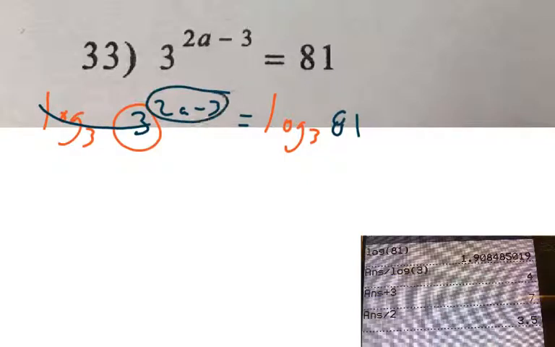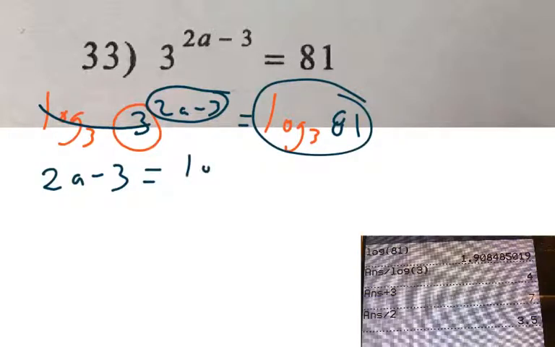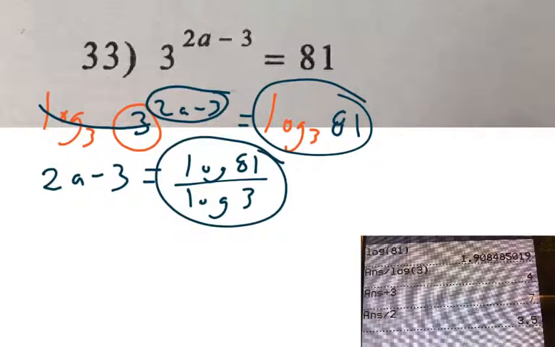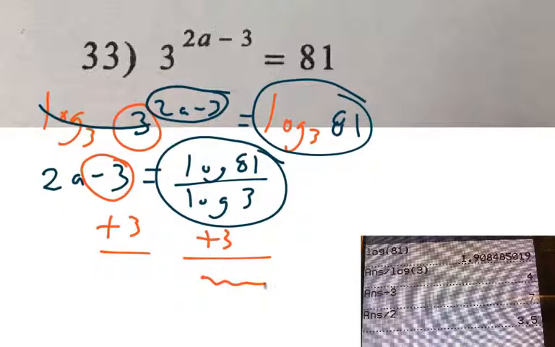I'm left with this right here. 2a minus 3 equal to this right here is really the log of 81 divided by the log of 3 using change of base. Once I figure out this answer, I'm going to add 3 to both sides. Once I get that answer, I'm going to divide by 2.